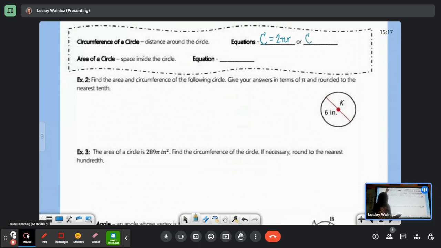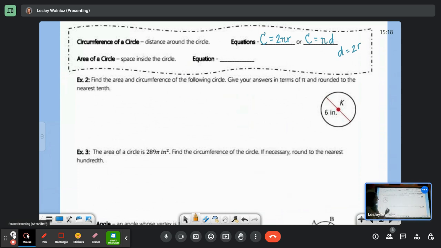I could also have it be C equals pi times the diameter, right? Because d equals 2 radii. Did you say the wrong thing with the most confidence? Awesome. I just appreciate you not leaving me hanging because that's embarrassing.